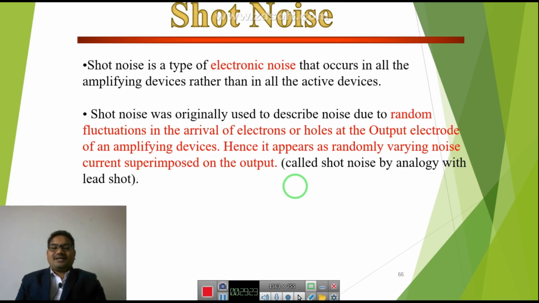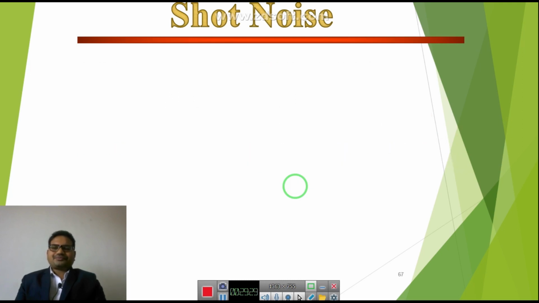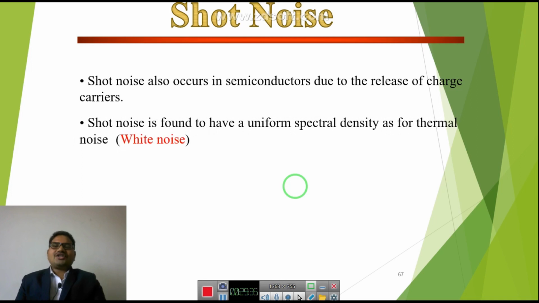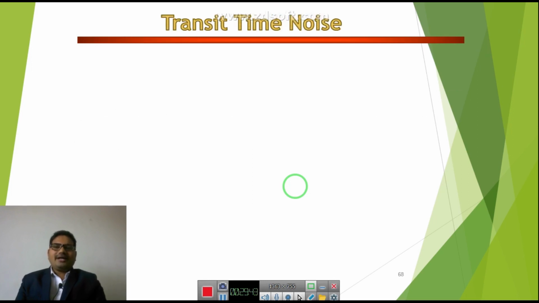Hence, it appears as a randomly varying noise current superimposed on the output. Shot noise also occurs in semiconductors due to the release of charge carriers, and it is found to have a uniform spectral density, like thermal noise. That's why it is also called white noise.